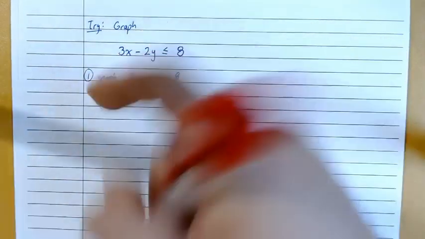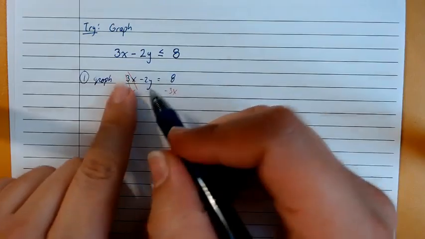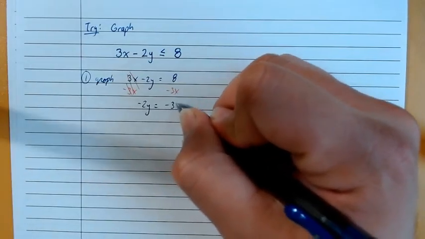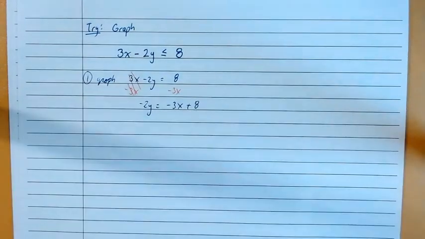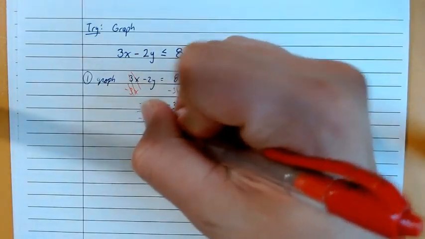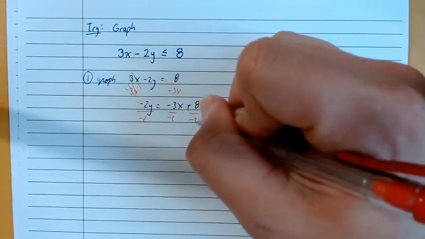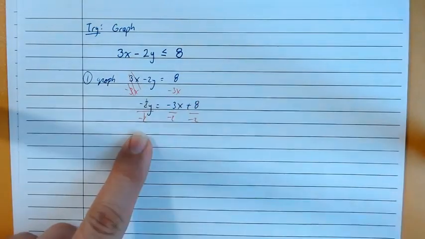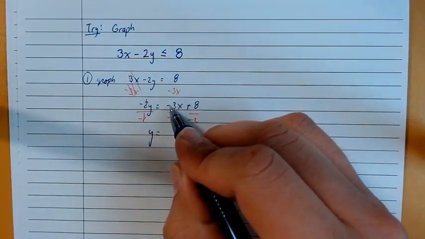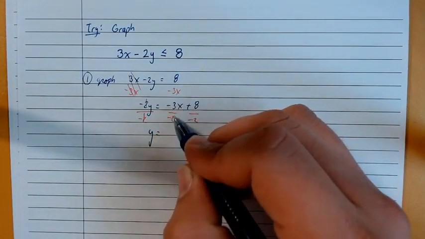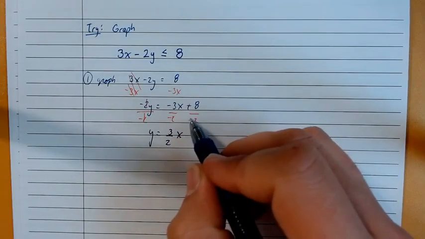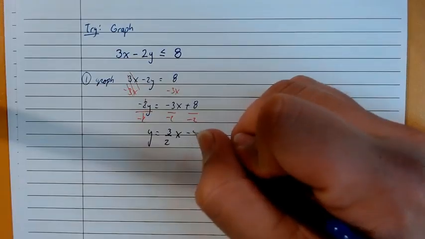So let me subtract 3x to make this 0, leaving us just minus 2y equals minus 3x plus 8. Then we can divide everything by negative 2, all the way across. This is now 1y equals a negative divided by a negative, so that's a positive, 3 halves x, and an 8 divided by negative 2, which is negative 4.